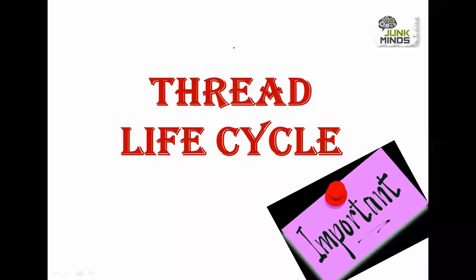To keep things very simple, as soon as I start an application, a thread is created. In this case, I'm running this entire presentation using Microsoft PowerPoint. As soon as I start this PowerPoint, a thread was created. Once this session gets over, I'll close this PowerPoint and the thread will get deleted.